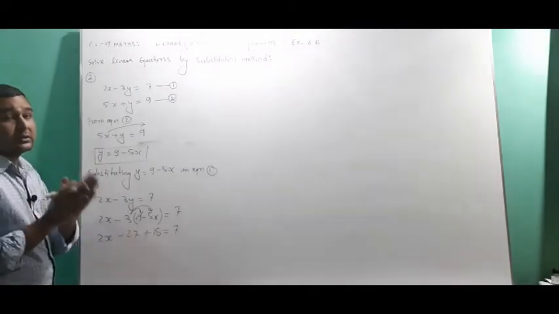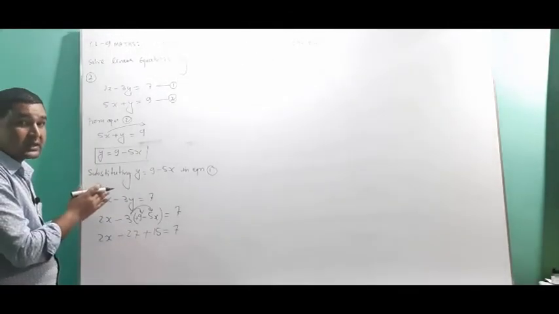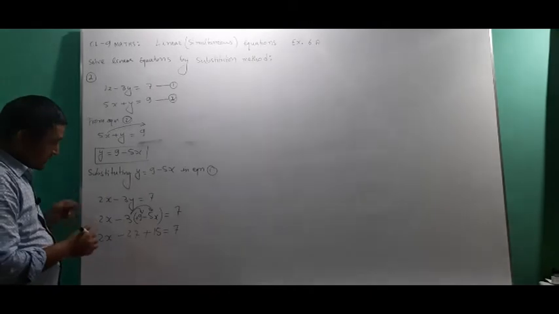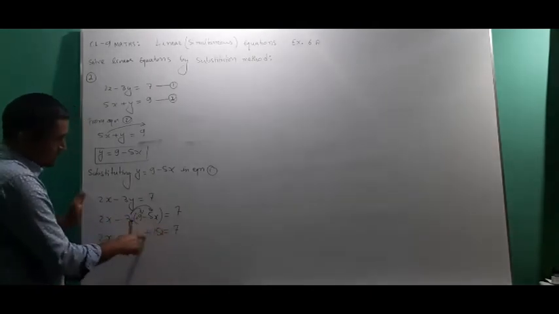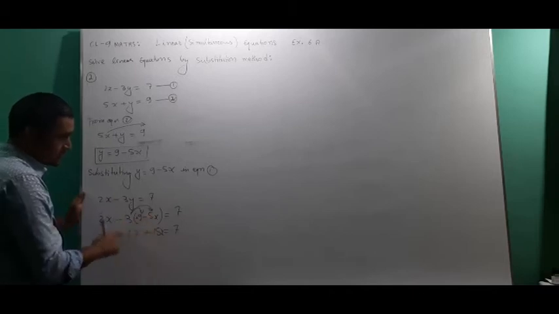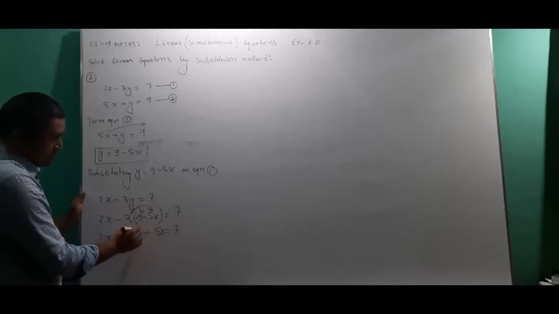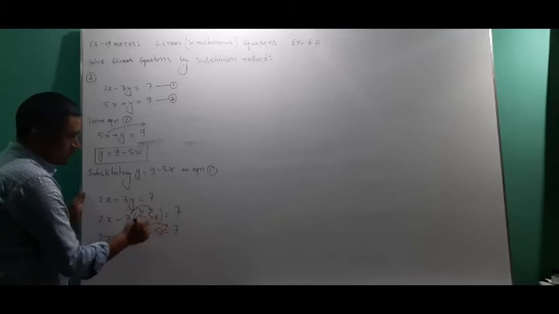Now put together the like terms. Variable on one side and number on the other side. That means we have 15x, minus times minus plus, 3 fives are 15x. Variable on one side, number on the other side. That means we are going to take this 27 towards the right.